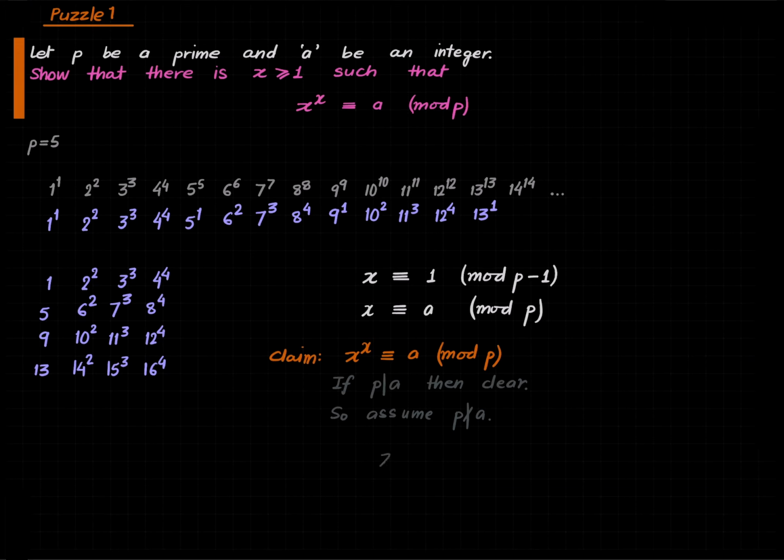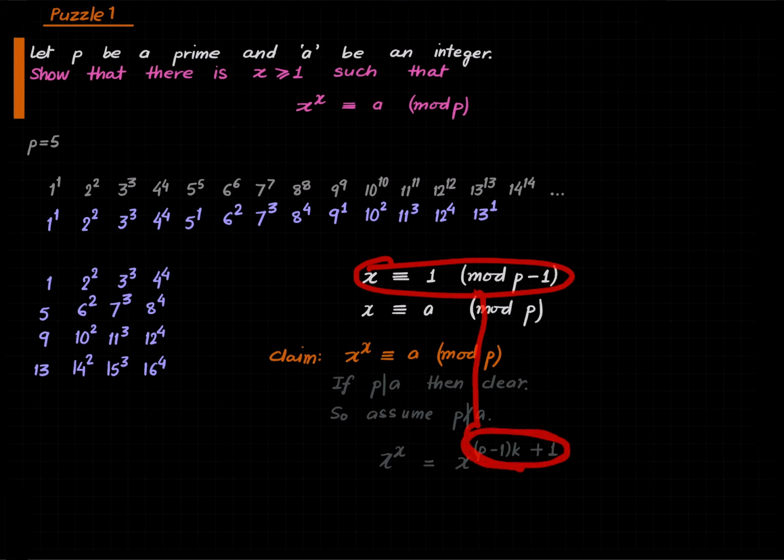And now x to the power x is what? X to the power x is x to the power p minus 1 times something plus 1. Why is that? Because of this congruence, x is p minus 1 times something plus 1. Right? But now we can write it like this.